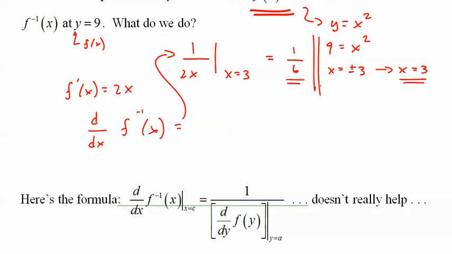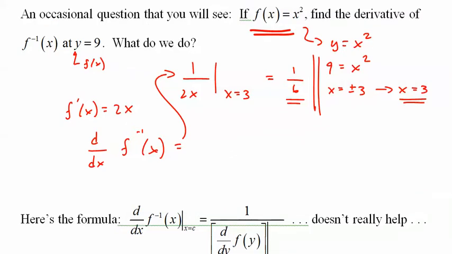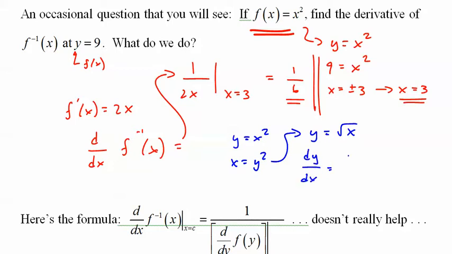And some of you might say, why don't we just find the inverse? And I say, yeah, that's a good plan. So y equals x squared. Flip the variables. Solve for y. Now we want the derivative of the inverse at y equals 9. dy/dx equals 1 over 2 root x.